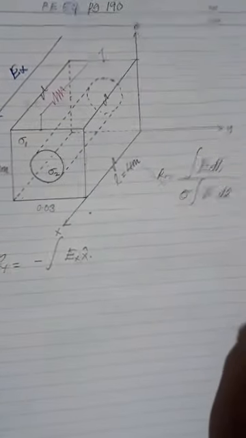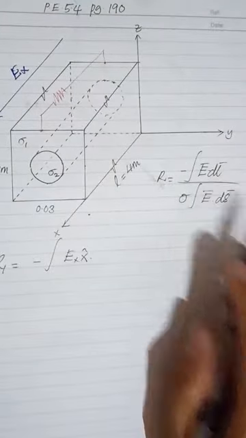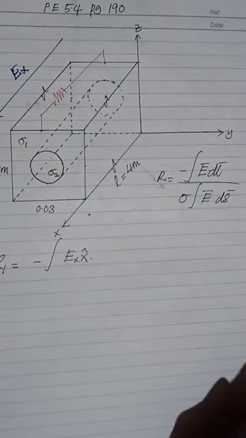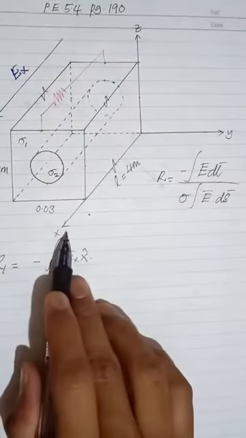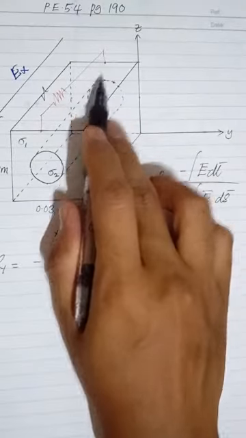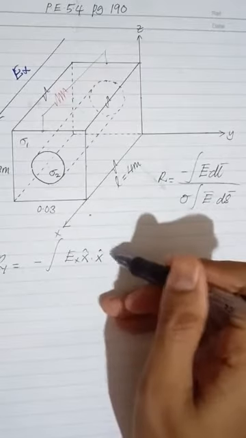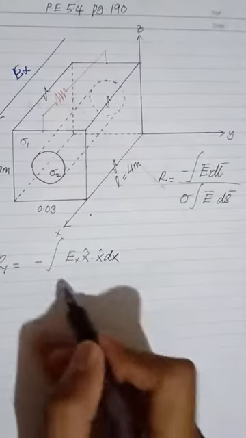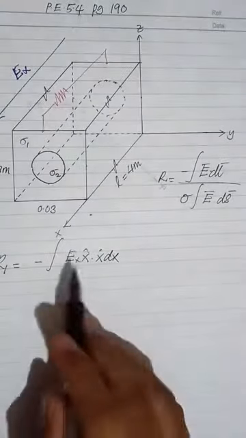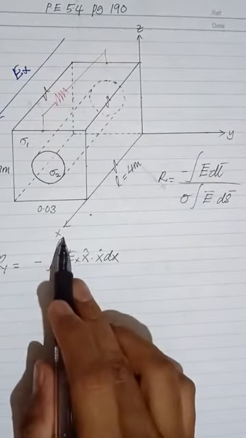And also the dl here refers to the path that the E is going through along the x-axis, from the square edge at the back to the other square edge in front. So again you can simply put here dx, and the limits for this potential equation are always from lower potential to higher potential.